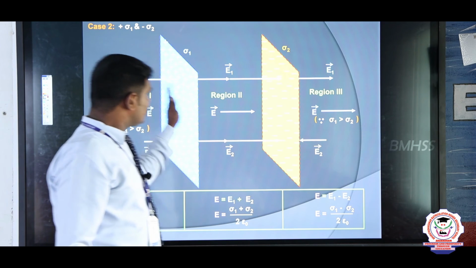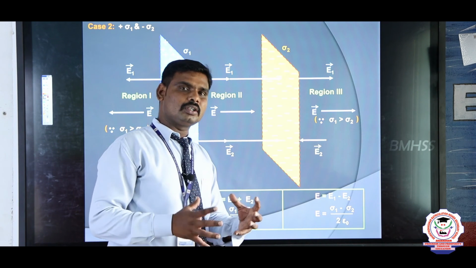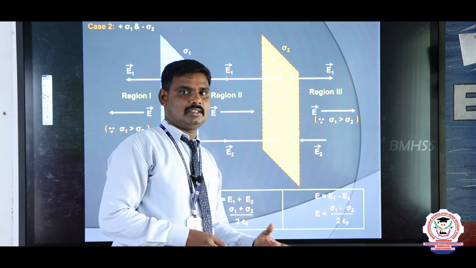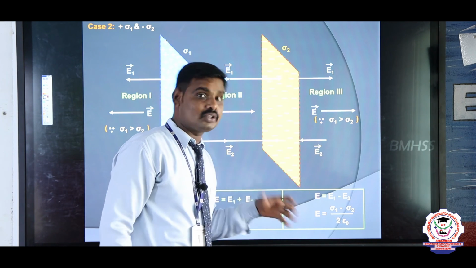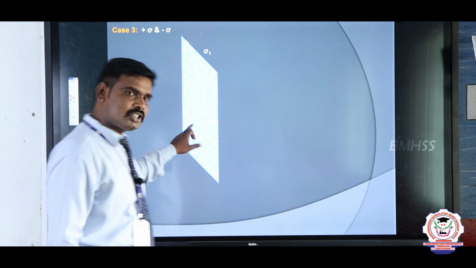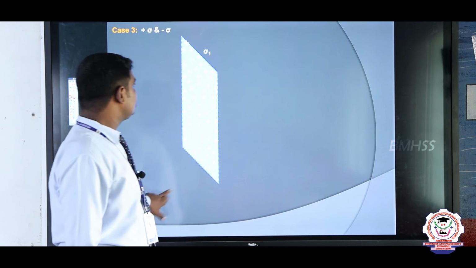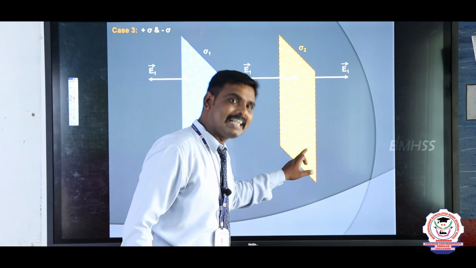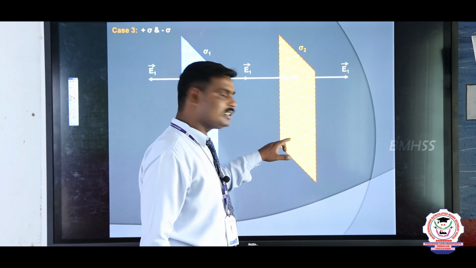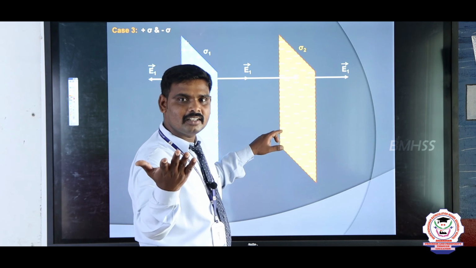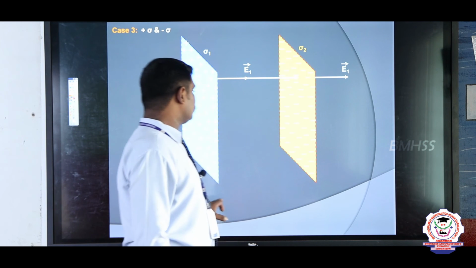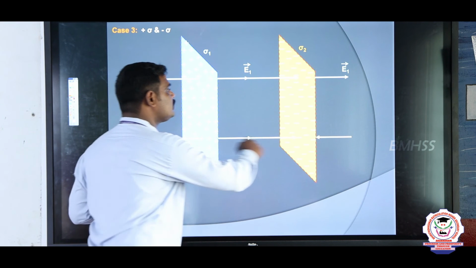Suppose sigma 1 and sigma 2 both have the same charge density but different charges, which means a positive charge and a negative charge. What happens? So this is a positive charge. Due to this charge, the electric field acts in the outwards direction, and this one is a negative charge. So due to this, the electric field acts in which direction? Yes, towards this plate.